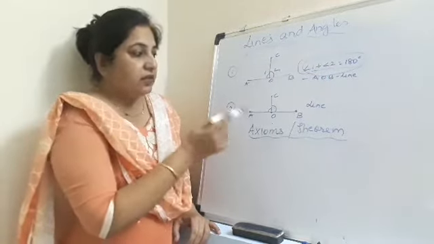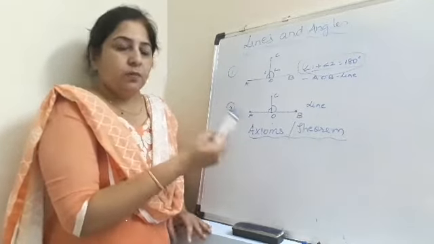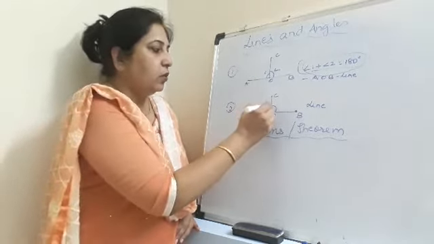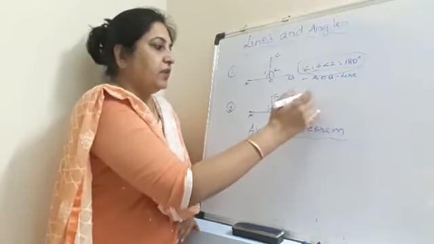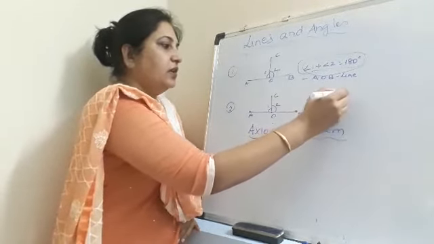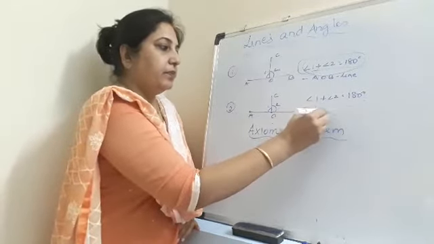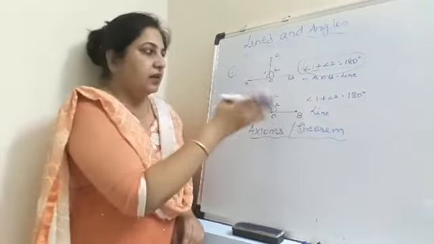Another one is the reverse of it, or the opposite of it. That means if angle 1 and angle 2 over here add up to 180 degree, then A or B forms a line. So these are converse of each other.